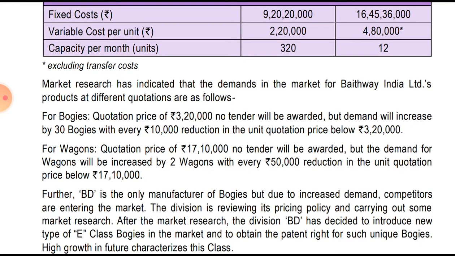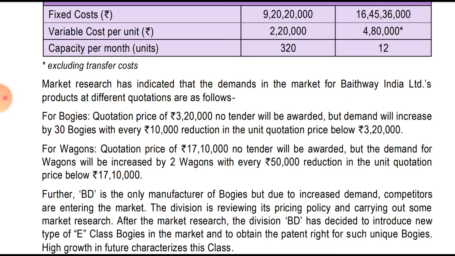Market research indicates that the demand in the market for the Bathway India Limited product at the different quotations is as follows. For the bogie, at quotation price of 3,20,000, no tender will be awarded, but demand will increase by 30 bogies with every 10,000 reduction in the quotation price below 3,20,000.